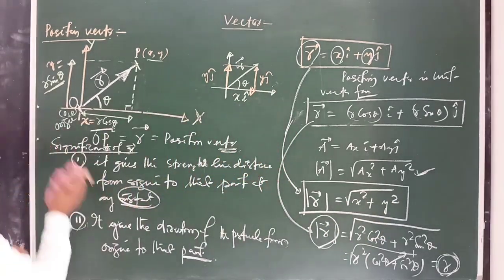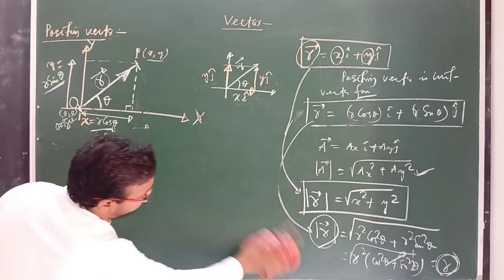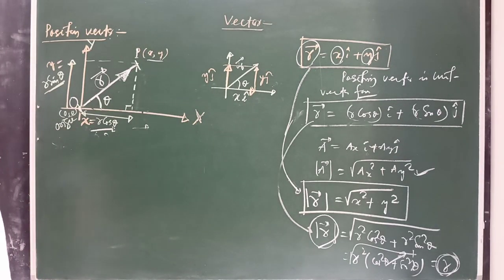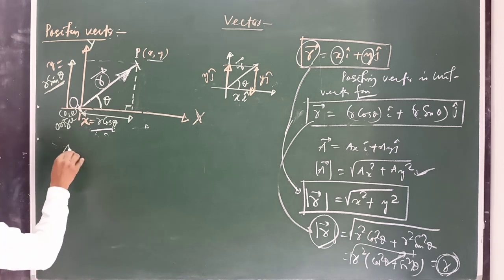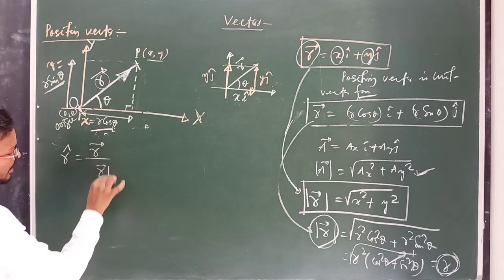Okay, position vector in unit vector form. So what is a unit vector? The unit vector of the position vector can be written as r cap equal to r vector divided by the magnitude of r vector.